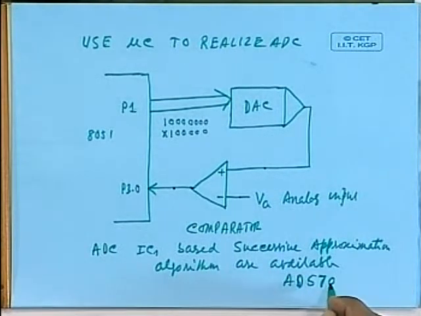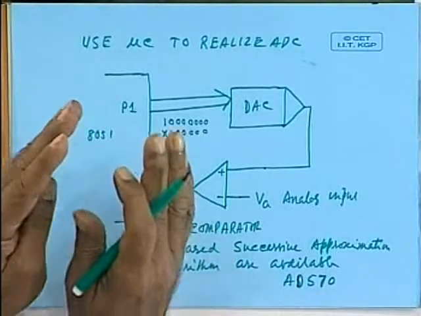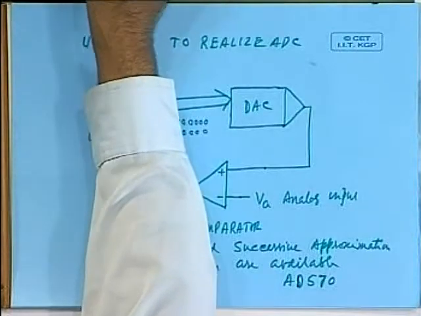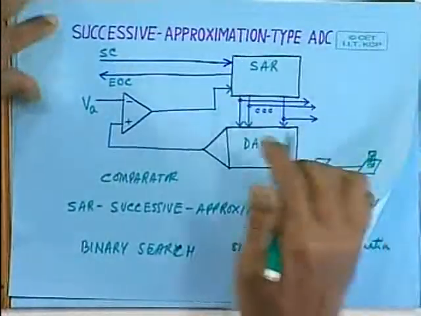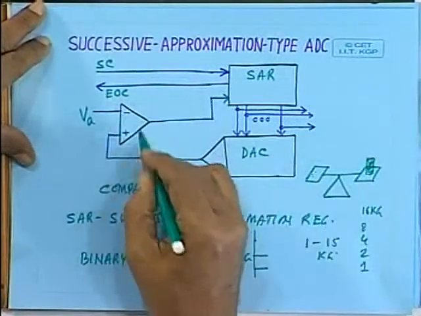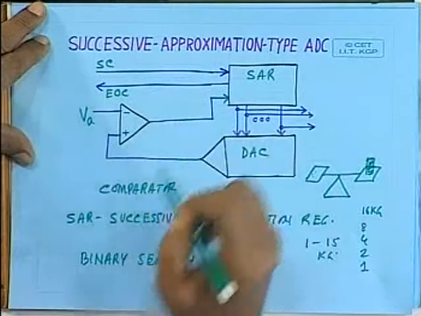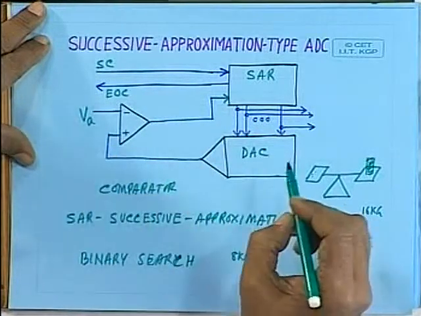You can use it, and in that case the AD converter can be directly interfaced to the microprocessor. So this particular chip performs the analog to digital conversion, and all the circuitry that I have shown here, the successive approximation register, DA converter, this comparator, and everything is fabricated within the chip, and you can communicate through these lines.